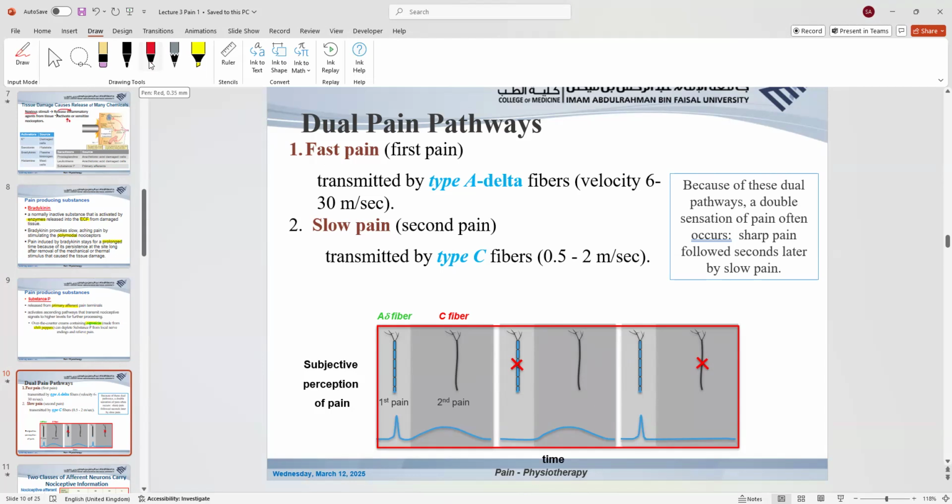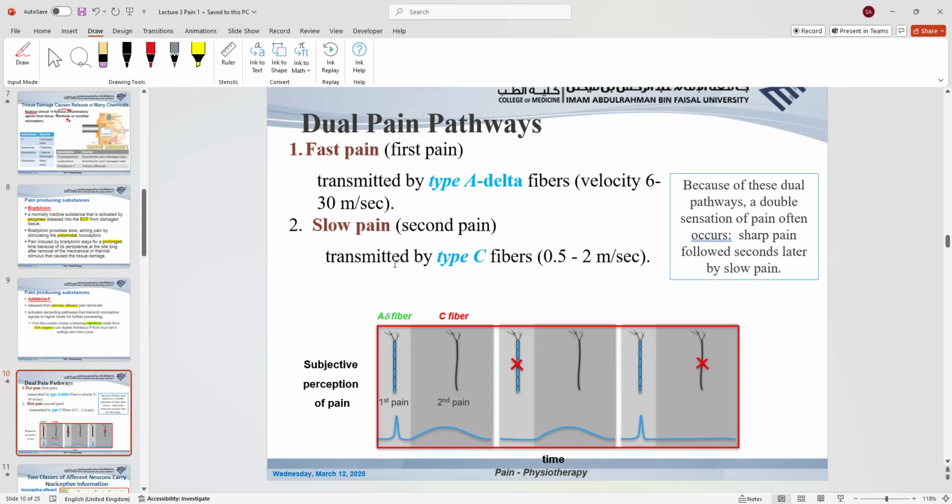Now, if there is tissue damage at a certain place, initially you feel a pain which is fast pain. That is transmitted through A delta fibers. And then the other type of pain, which is transmitted usually by polymodal nociceptors, is transmitted by C type of fibers.